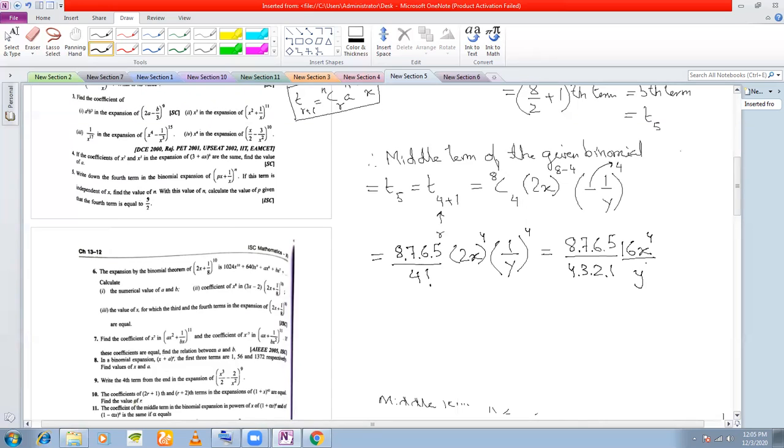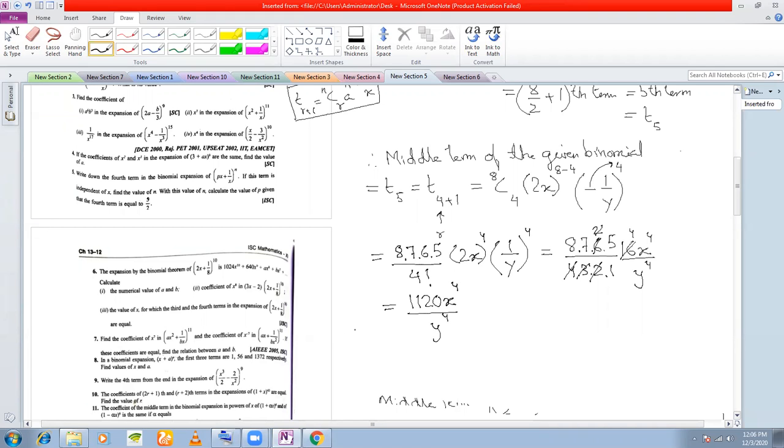And below you have y to the power of 4. So now things cancel. 4 1, 4 4, and 3 1, 3 2. Okay, so you're only left with 8 into 7, 56. 56 into 20 is how much? 1120. So this is 1120 x to the power of 4 by y to the power of 4. This is your middle term.